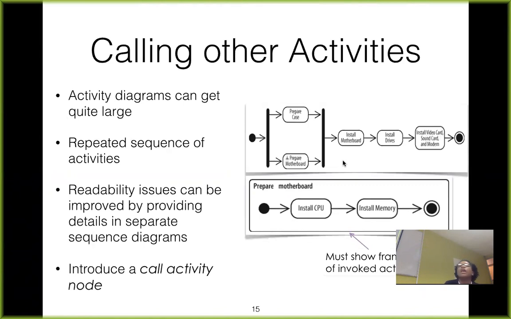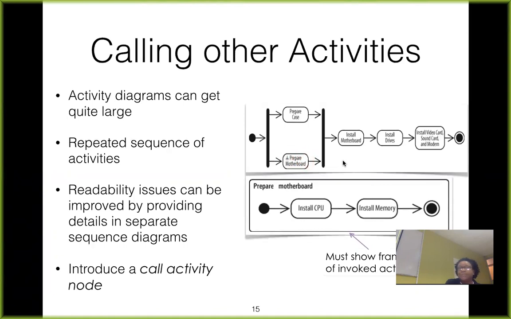Exactly. You only do that if you had done the other activity and then you realize that the same activity is required in another situation and you just go and reuse it, or if you have an action and you realize that action needs more explanation. Instead of putting prepare motherboard here, we could have put install CPU followed by install memory.